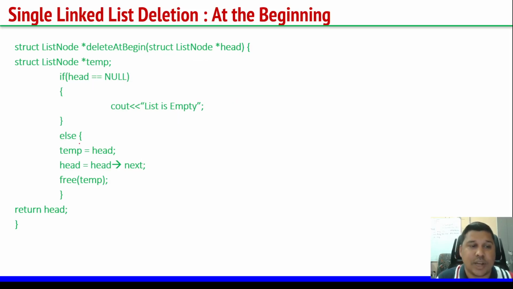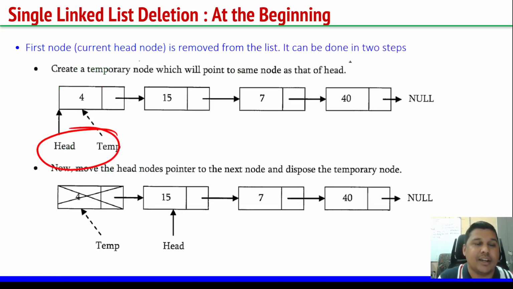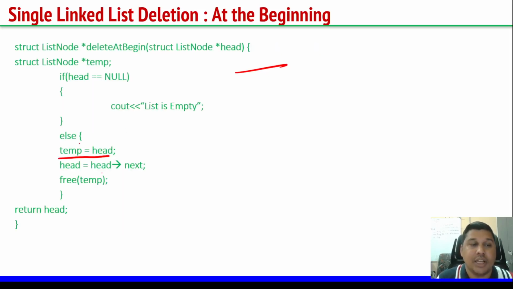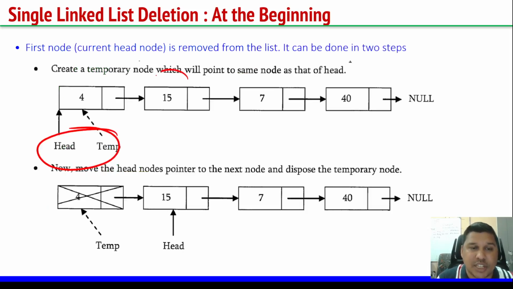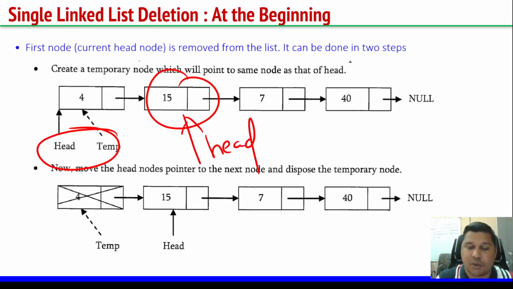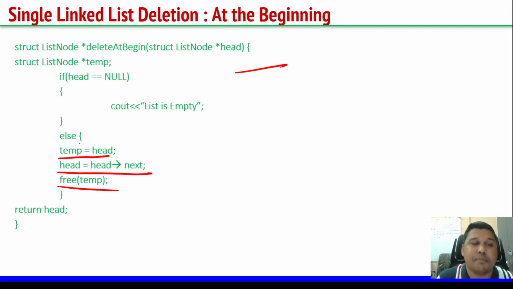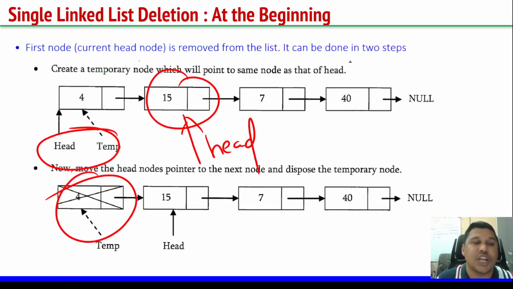Otherwise temp equal to head, mapping temporary to head, then head equal to head next. So head's next, this location, becomes your new head. Free temp means it will delete this memory location.